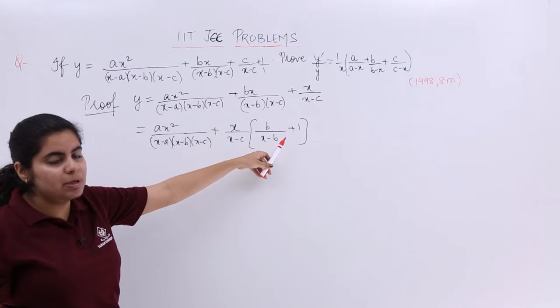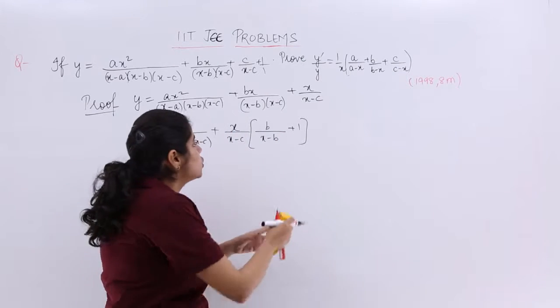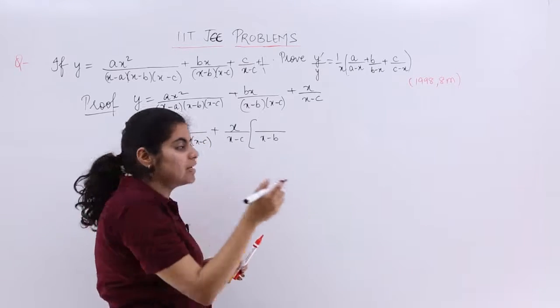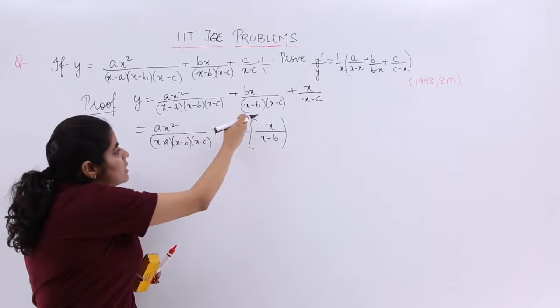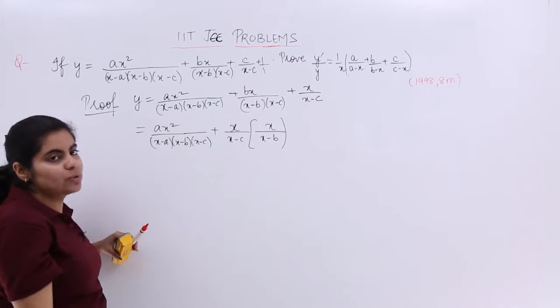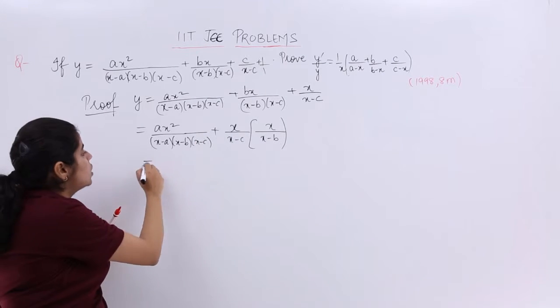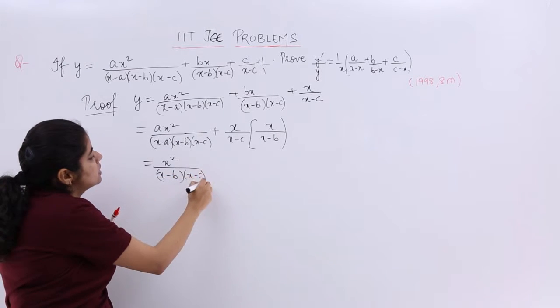If you take the LCM, it becomes b plus x minus b, wherein b and minus b gets cancelled. So, it is nothing but x upon x minus b that you will get. So, I write in one step only. Now, again x into x is x square, here also is x square, x minus b, x minus c, x minus b, x minus c. So, take common x square upon x minus b, x minus c.